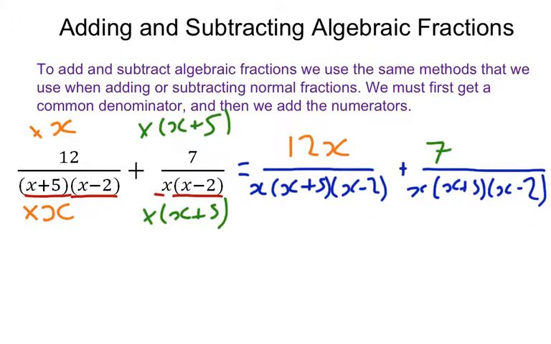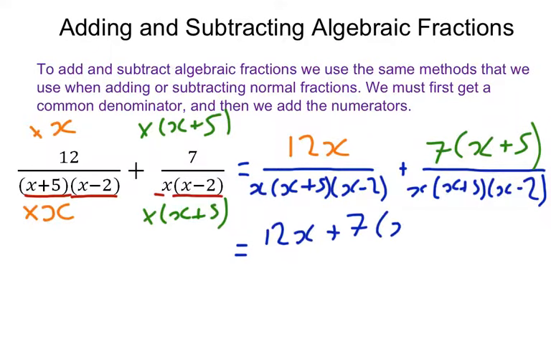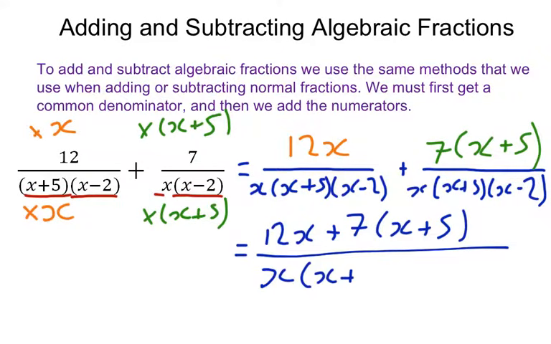And that gives us 7 brackets x plus 5. Once again, we combine everything now, and we get 12x plus 7 brackets x plus 5 all over x brackets x plus 5, x minus 2.